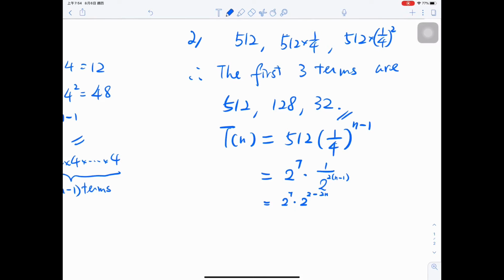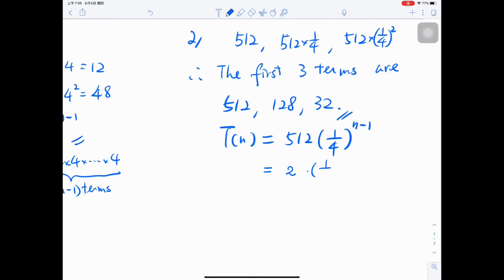Okay? So as a result, this one equals... Okay, think about 512 equals 2 to the power something. Do you know the power?